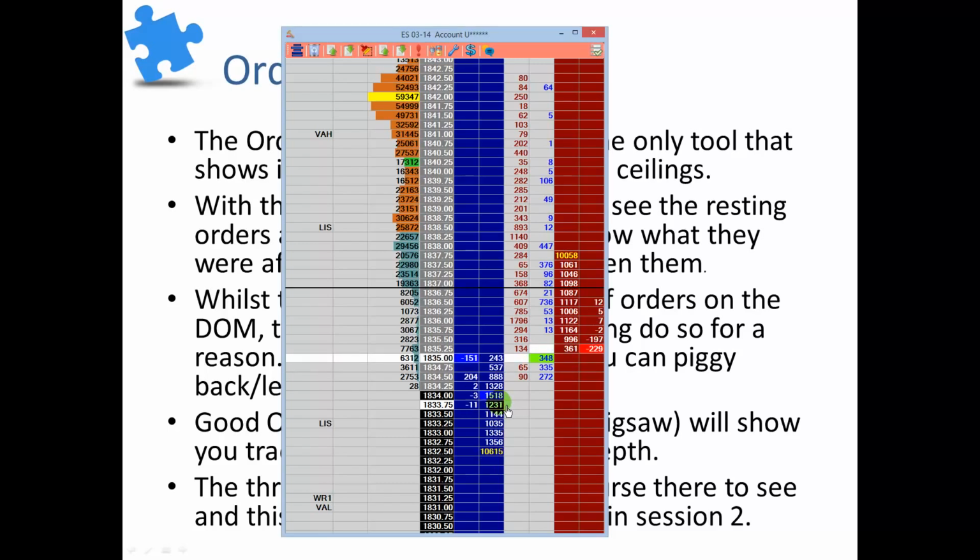That absolutely screams manipulation, right? Manipulation on the dome, stacking on the dome, isn't having an average of 1,000 contracts and somebody putting 1,050, right?